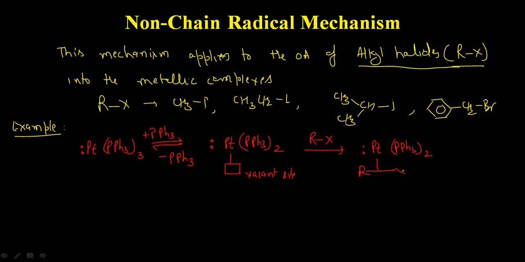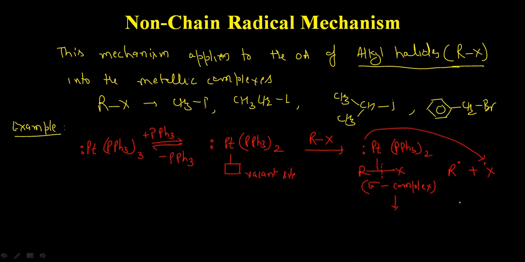Here the alkyl halide molecule is donating its electrons through the formation of this sigma complex. The sharing of these two electrons of the RX bond with platinum weakens the RX bond, and as a result this bond is symmetrically cleaved, resulting in the formation of R radical and X radical.